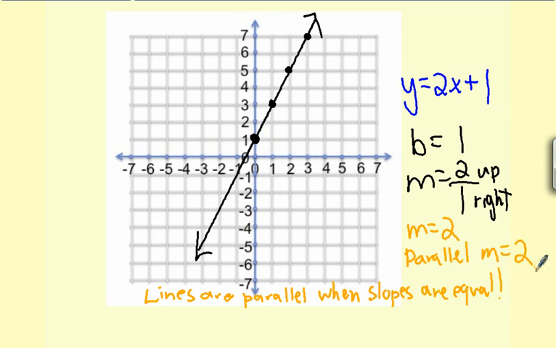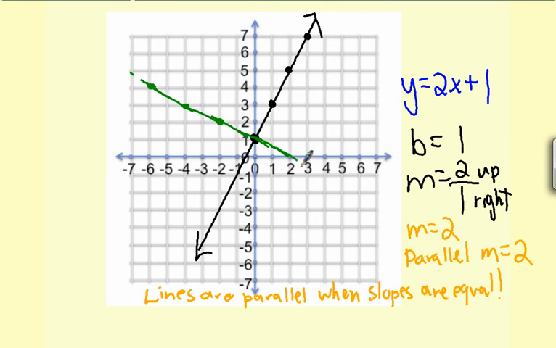All right. Well, perpendicular then. Well, lines are perpendicular, for instance, when they make a 90-degree angle, and they're only perpendicular when the slopes are the negative reciprocals of each other. So in this case, if I were to have a perpendicular slope, I would actually draw this line here.